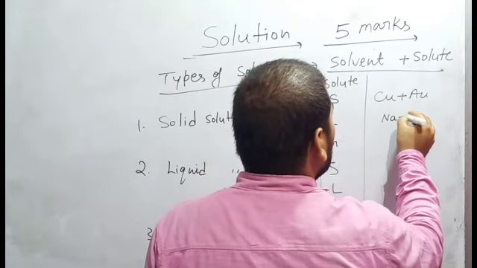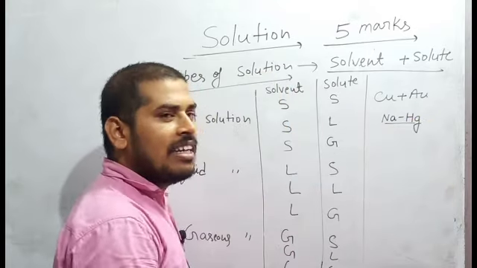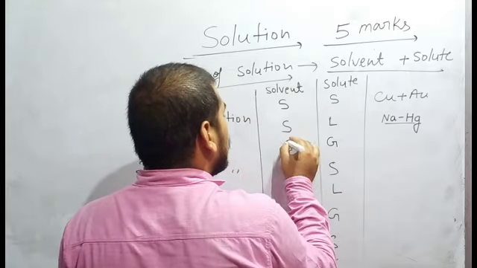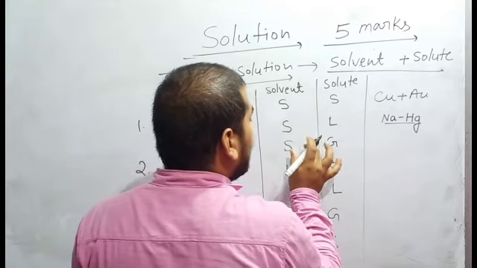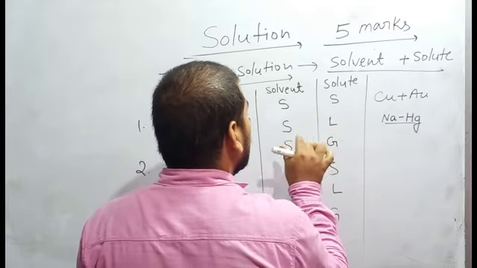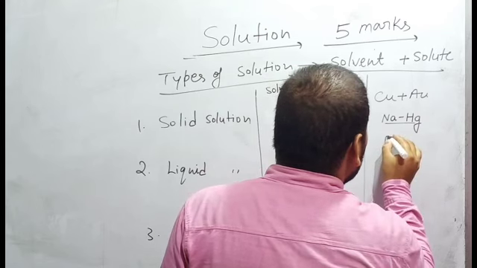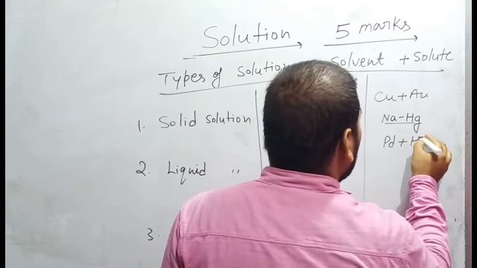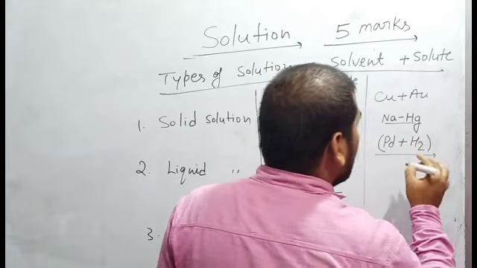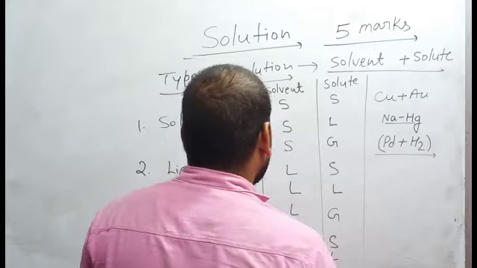Example is sodium amalgam, a mixture of sodium and Hg. Next one is solid and gas. Solid is solvent and solute is gas, means Pd plus H2. Remember it, this is a very important reducing reagent. We will discuss it in organic chemistry.